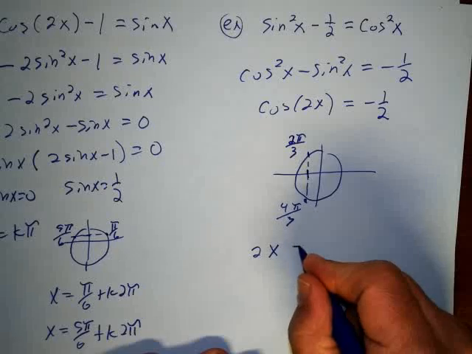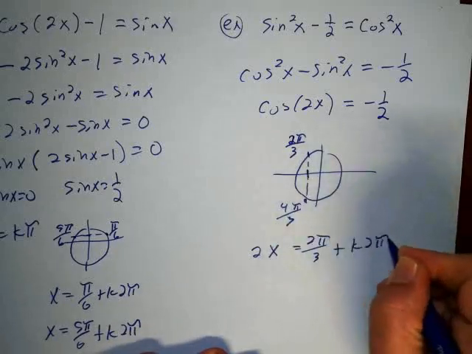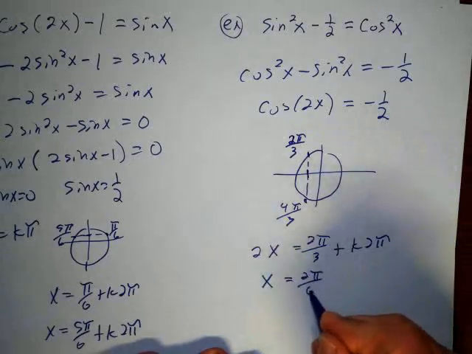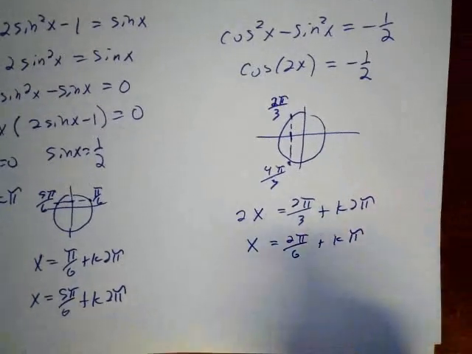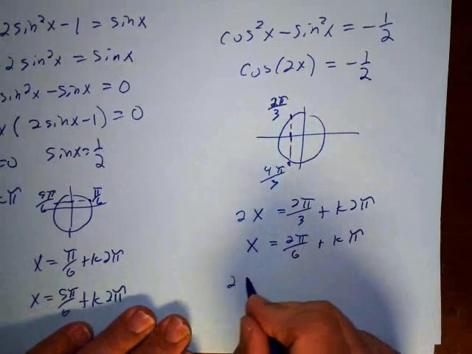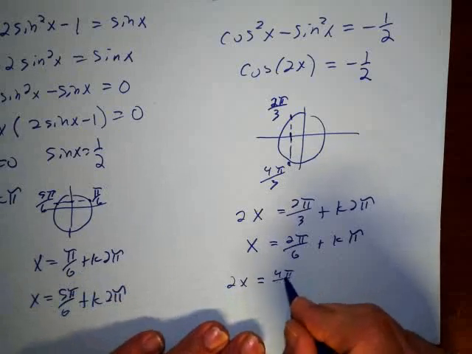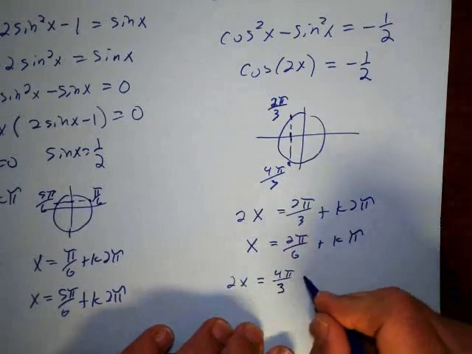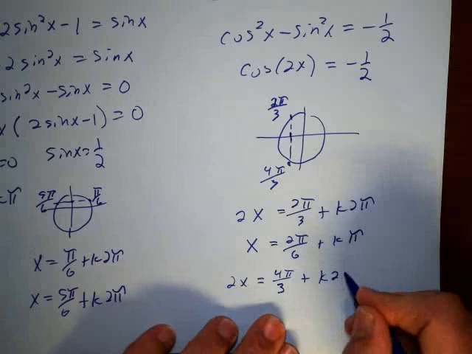So we get 2x is equal to 2 pi over 3 plus k times 2 pi, and that would be x is equal to 2 pi over 6 plus k times pi. And this would be 2x is equal to 4 pi over 3 plus k times 2 pi.